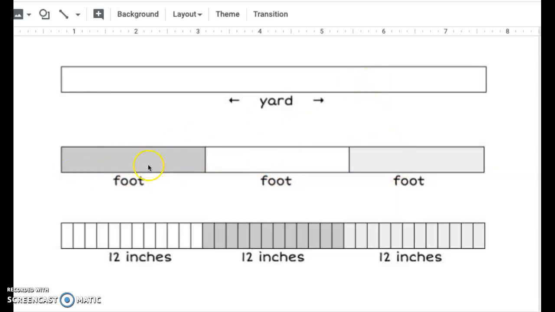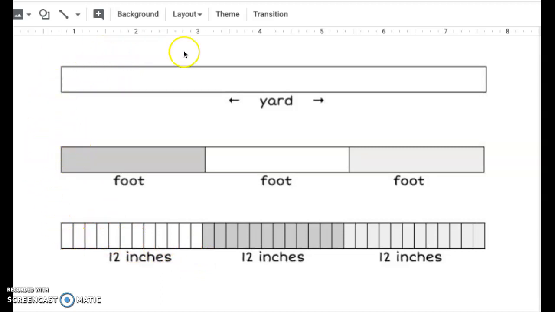And each of these feet or ruler lengths are 12 inches long. So 12 plus 12 plus 12, there are 36 inches in a yard. There are 3 feet in a yard, 12 inches in a foot.